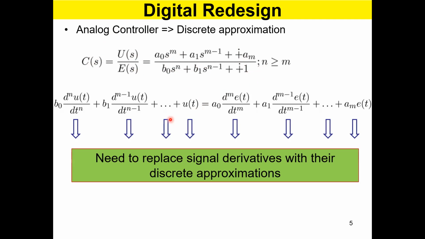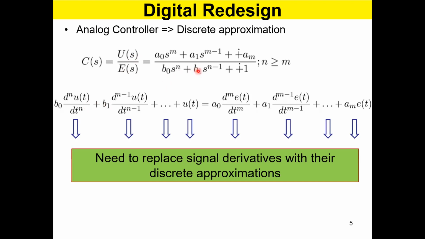And then if you transform this into continuous time, this is what you get, right? You do the cross multiplication and inverse Laplace. So then you get this b0 times s to the n, meaning nth derivative of u(t).